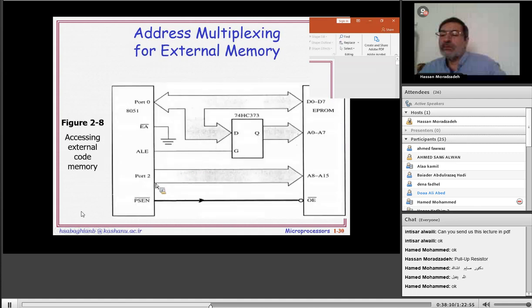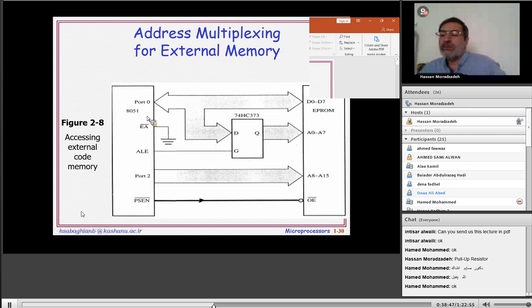But for separation, we use ALE. ALE means address latch enable. Address latch enable is an output from the microcontroller to this latch, a 373. Here is port 2, the address bus A8 to A15, and these two items together make up the address bus A0 to A15.